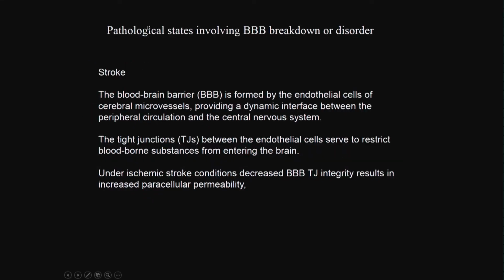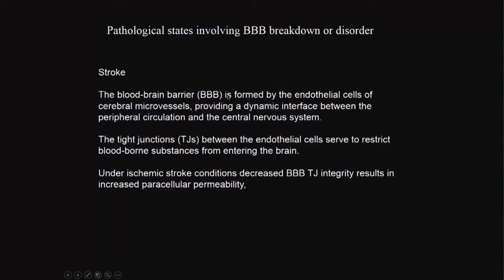So what are the pathological states involving BBB breakdown? The BBB can also break down. If it breaks down, people may start having a lot of side effects if they are given even normal drugs, even maybe inflammatory drugs or cardiovascular drugs, because it is broken down. Stroke, for example. The blood brain barrier is formed by endothelial cells of cerebral microvessels. It provides a dynamic interface between the peripheral circulation and the central nervous system.